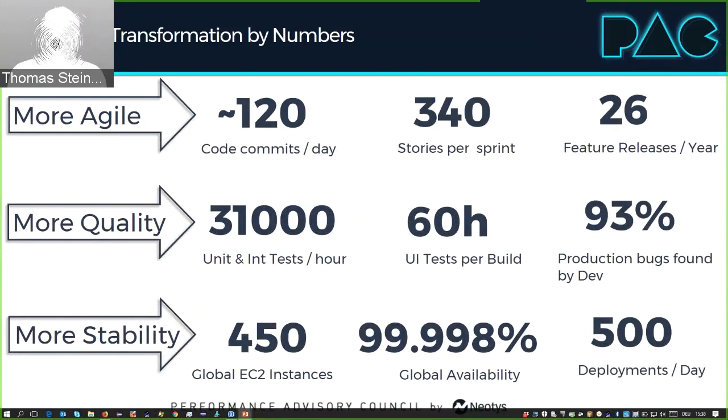And more stability. We have a lot of machines. We have built the new architecture in the sense that it is scalable, fault resistant, and so on. That was even for us a huge change in the mindset, a huge change in efforts and thinking. So yeah, we are really proud of that.